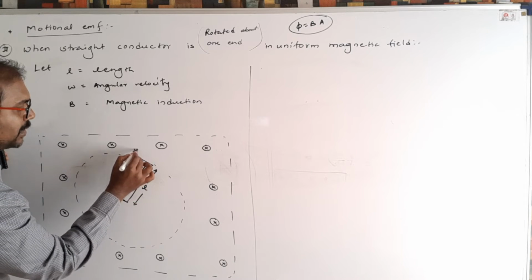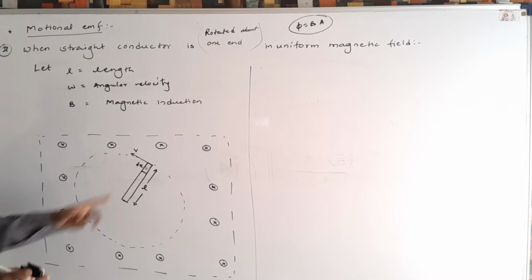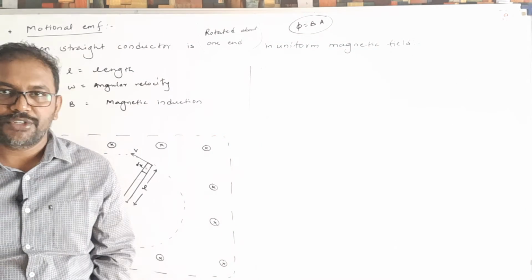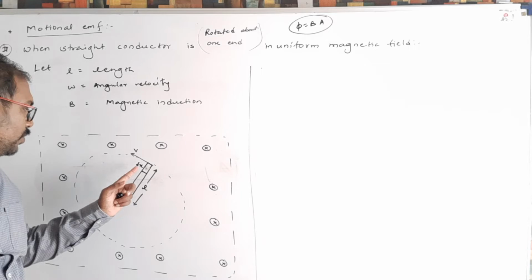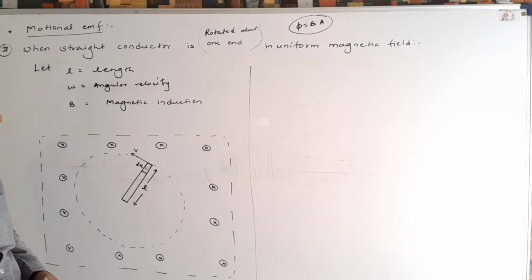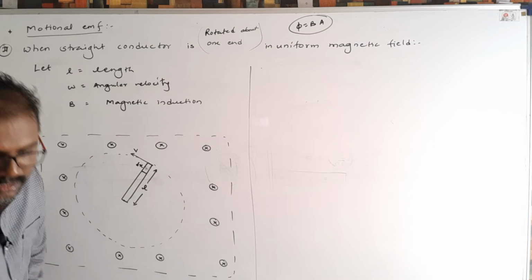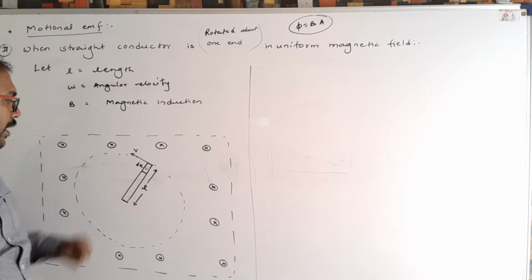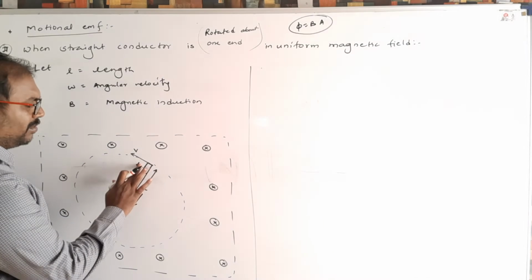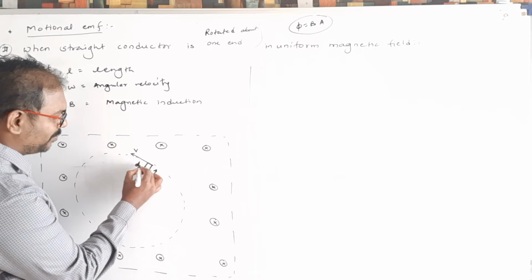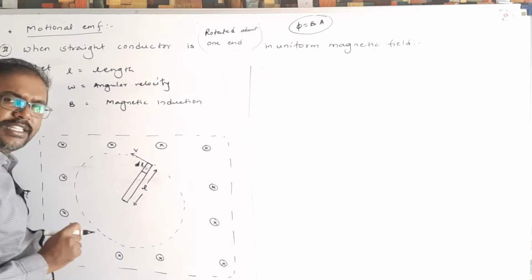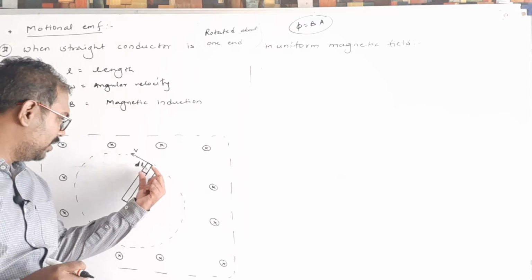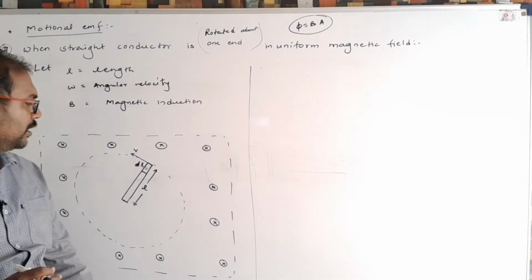The velocity of this part is v. You know that in circular motion velocity is tangential. First we consider the EMF induced in this small part, I write dl here. So this dl is a small length element of this conductor.